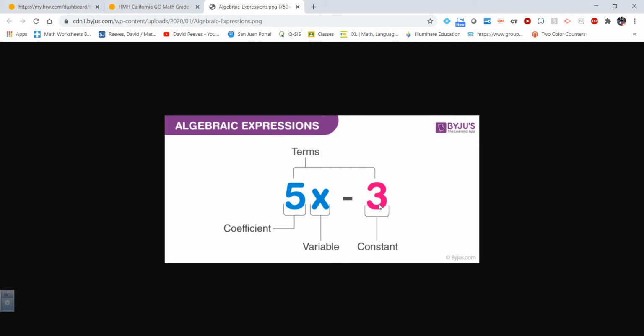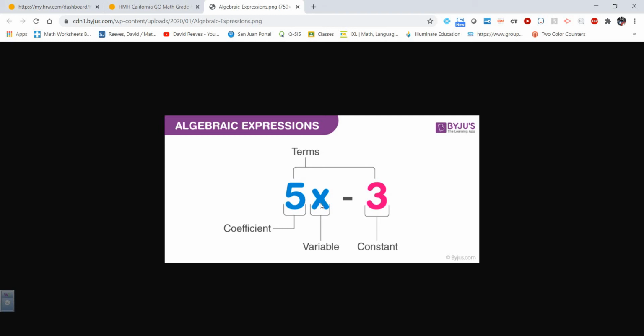So terms in an algebraic expression are the parts of the algebraic expression that are separated by addition or subtraction. Each of those terms will be either a constant or a constant times a variable, or you can have multiple variables as well as exponents.